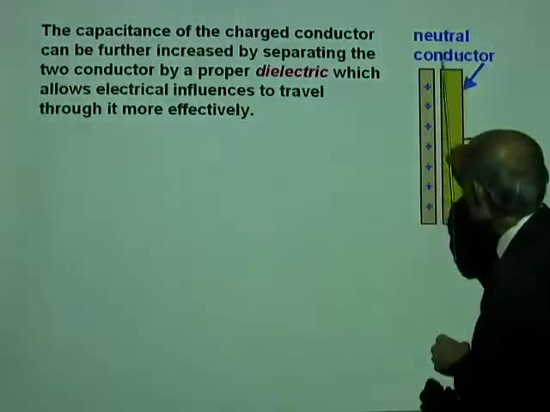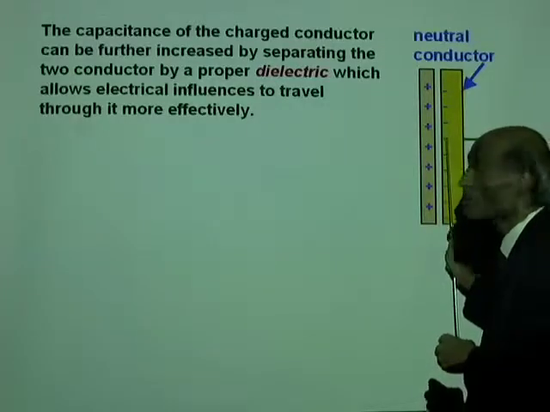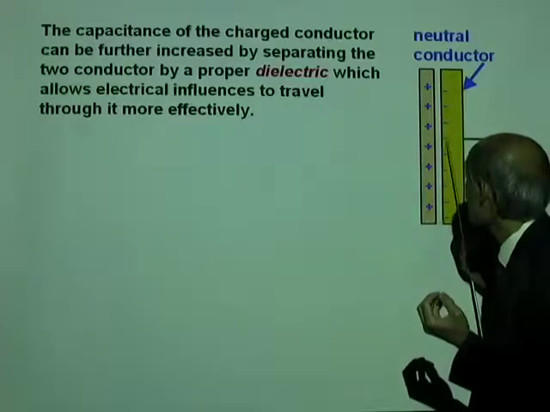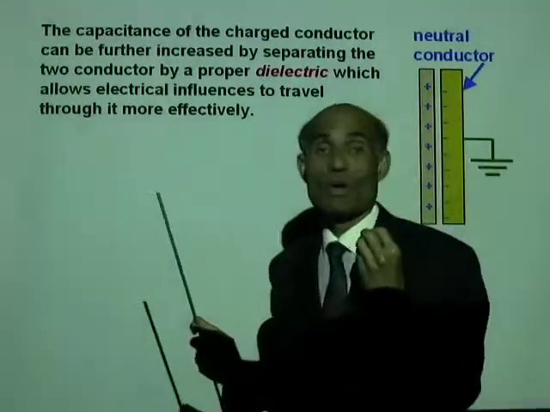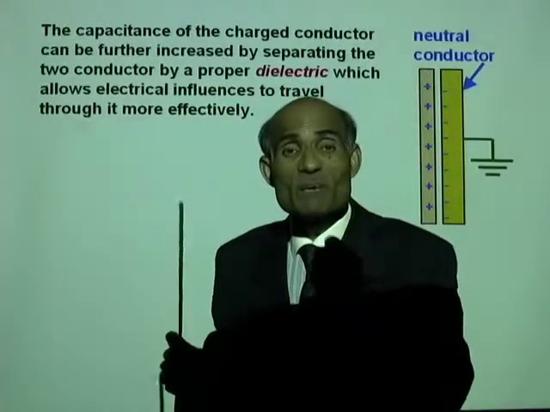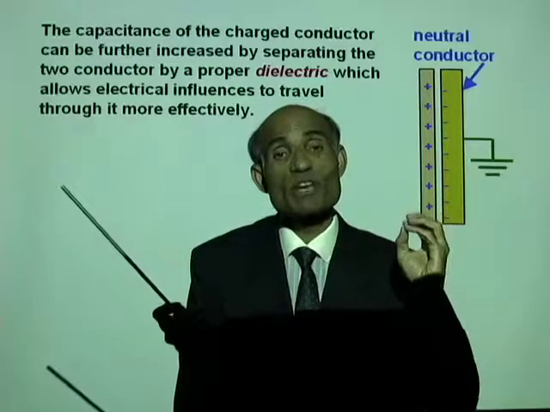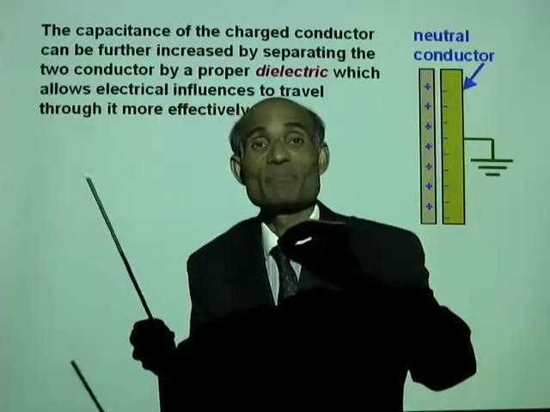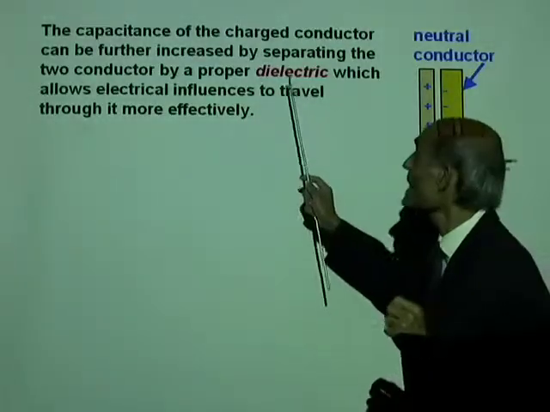From the neutral conductor to the charged conductor, the electrical influences are conveyed through the intervening medium. Now, if the intervening medium is a much more effective medium, then the electrical influences can be conveyed more effectively. And if you can now use a proper dielectric.